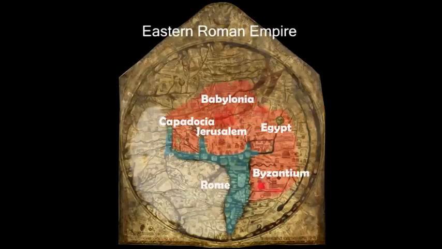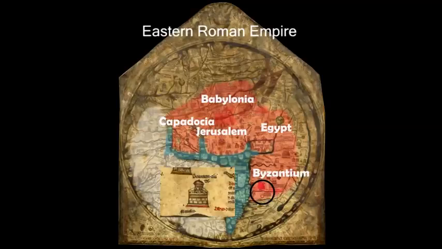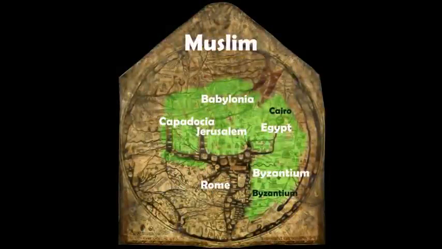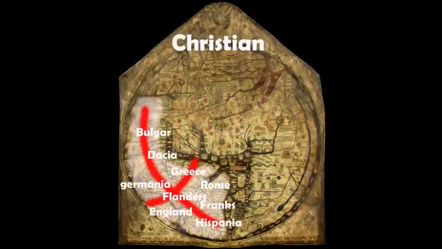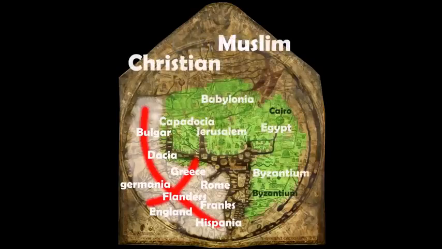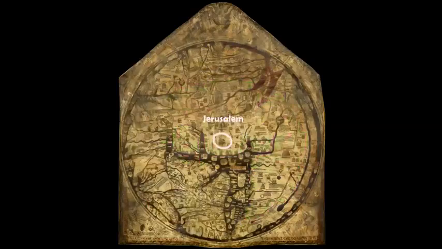Capital was Byzantium. 500 years later, the Eastern Roman Empire had become Muslim and the Western Roman Empire had become Christian. So now the Christians decide they have to liberate Jerusalem, the land of their Savior, Jesus Christ.